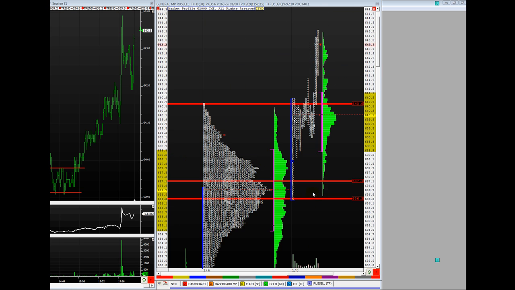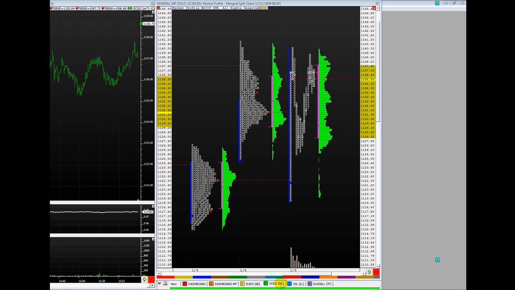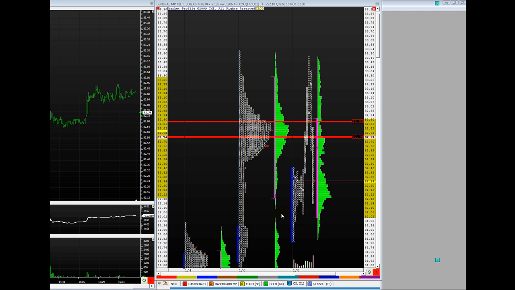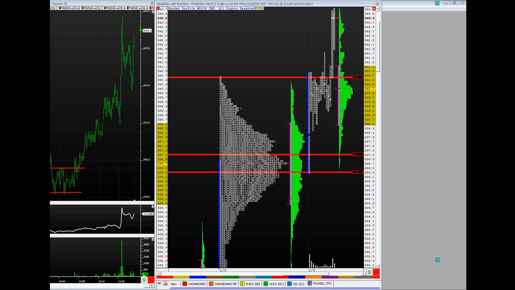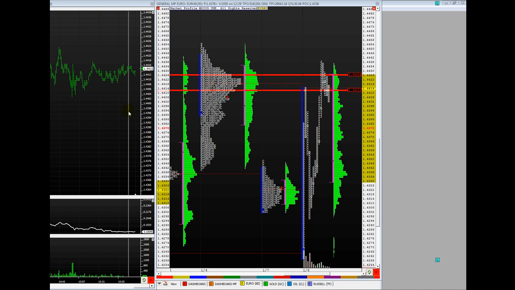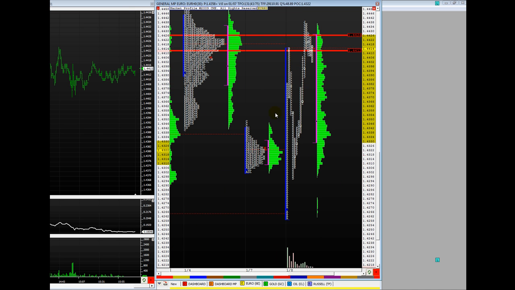And I can show you a trade that came through Friday on the euro. You can see right here the euro had a pretty nice up move in the morning, and we tested this high volume right over here.